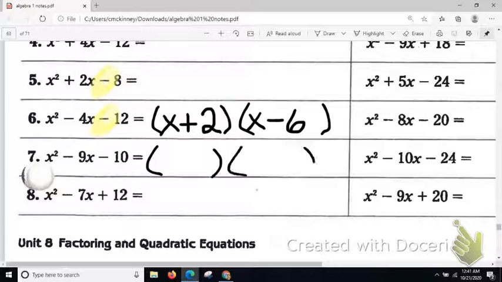So if the constant, the last term here, is negative, this has to be 1 plus and 1 minus. So multiplies to be 10 and subtracts to be 9. And I say subtract, again, because the signs are different. If you want to think of it as addition, but know that one's positive and one's negative, okay.